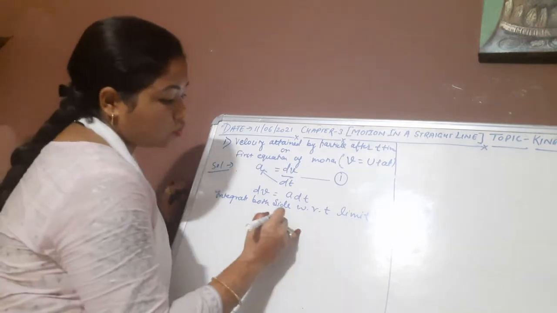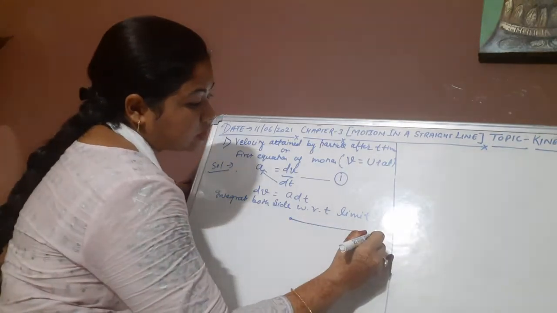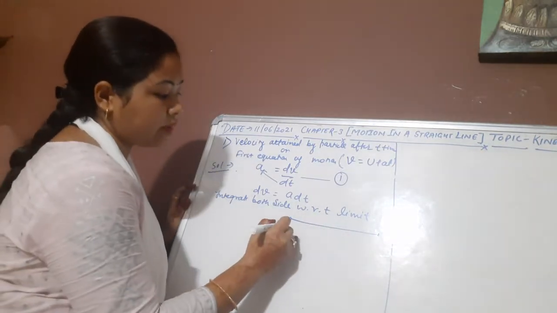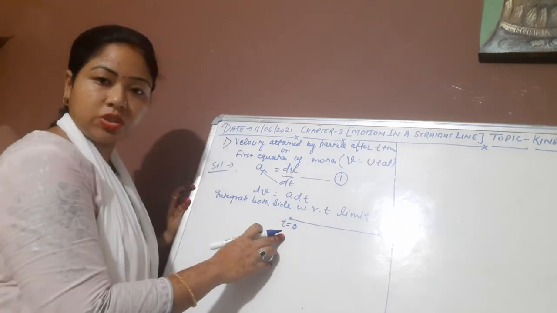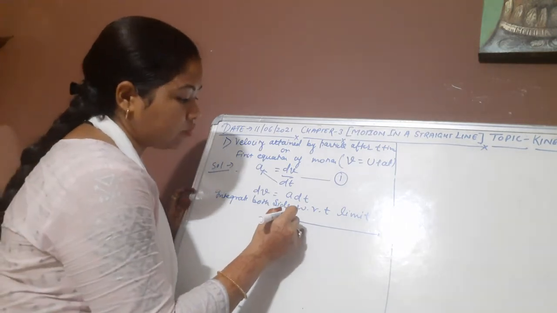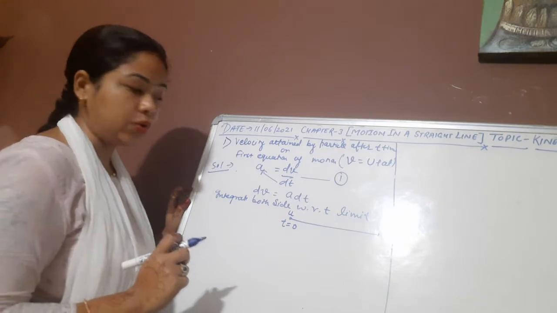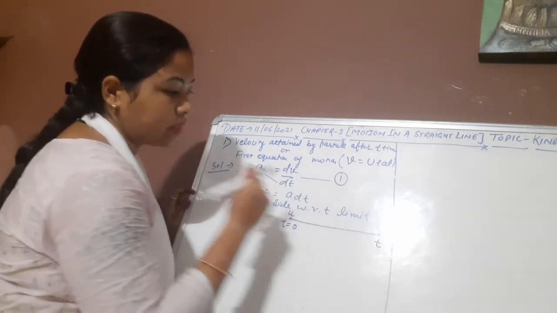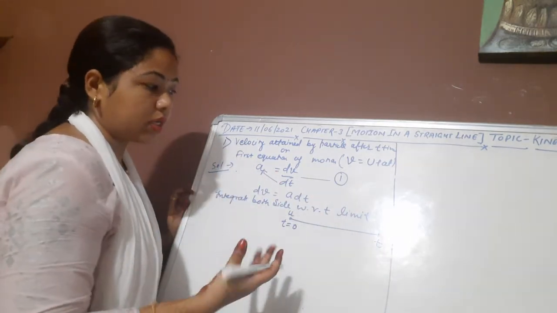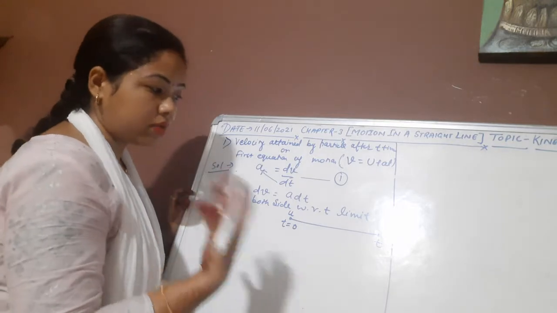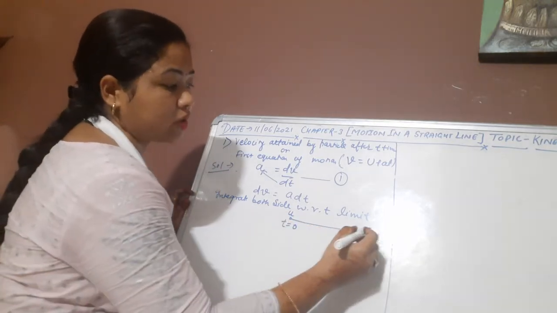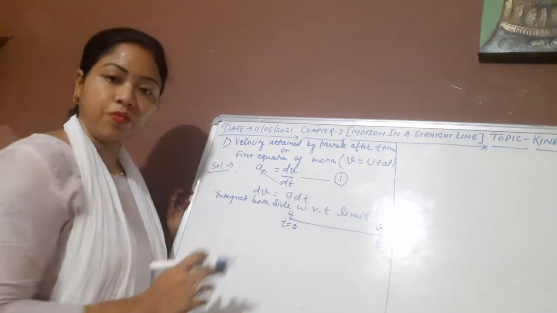So to take the limits, what will we do? We will assume two conditions. When time equals 0, the object starts moving and its initial velocity is u, right? After t time, it covers some distance, and after t time its velocity changes from u to v, right?